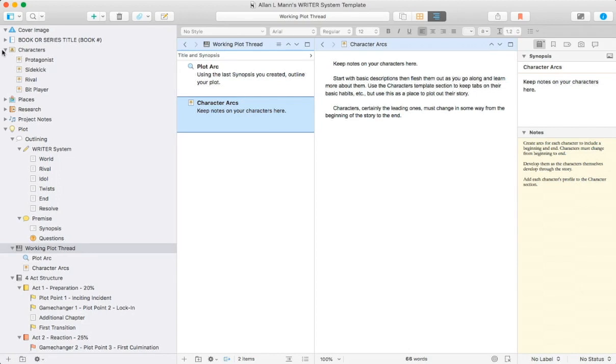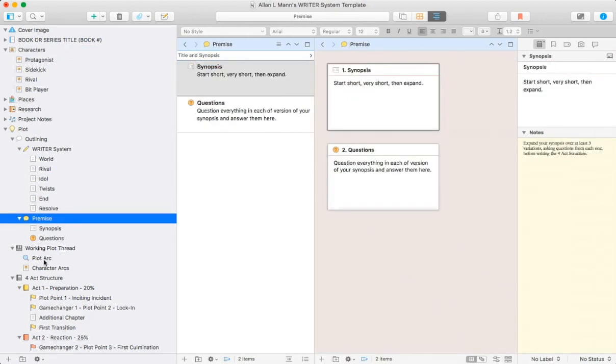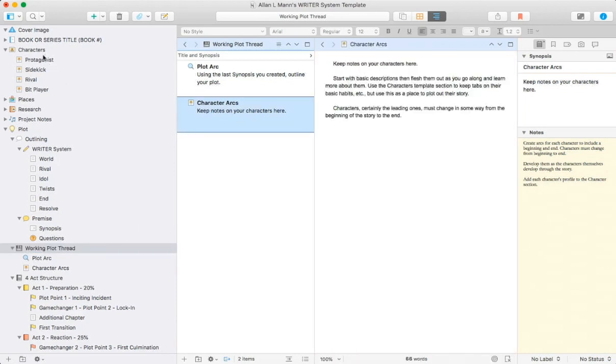But I've just added some here to highlight those. And so you can take this information here. Again, this is more like your notepad, and then put them into the protagonist section here. And, there's Liam Neeson, great idol for a story. So again, giving me a visual of who my hero is. So you can take those character notes and add them to your actual character templates up here.